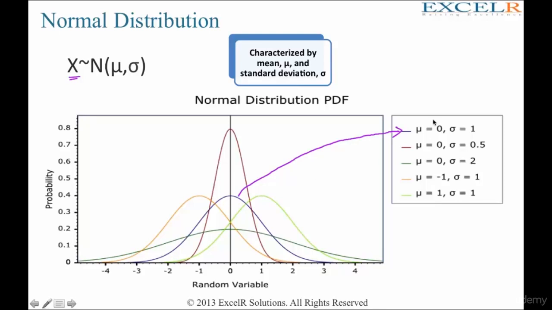If I let my average or mean be as is, and if I reduce the standard deviation from 1 to 0.5, the width reduces. Think about reducing your variation, reducing your dispersion. The width reduces, right? Think about a balloon.